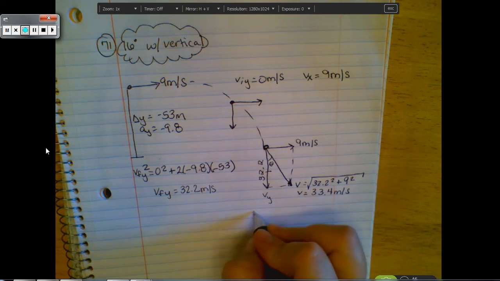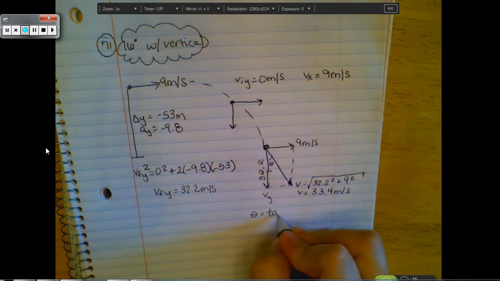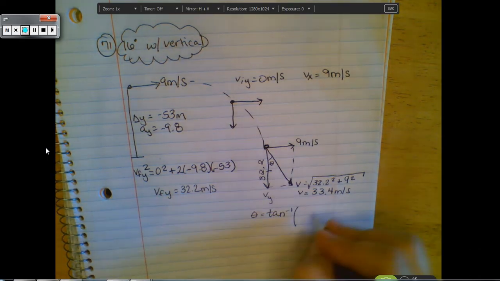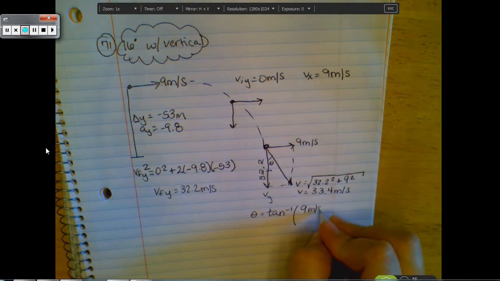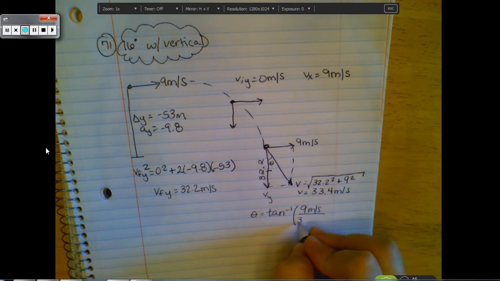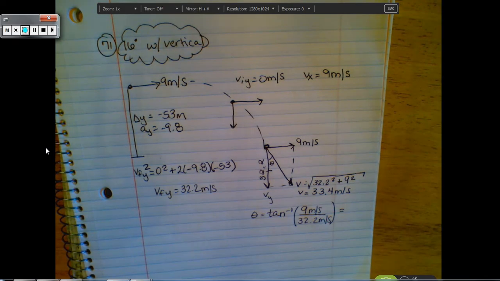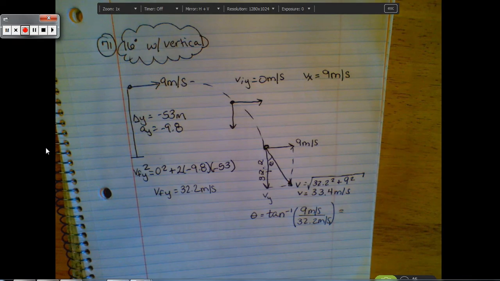So I'm going to use theta equals the inverse tangent of my opposite, which is going to be the 9 meters per second, over my adjacent, which is the 32.2 meters per second. And I'm going to pray that this gives me 16 degrees.